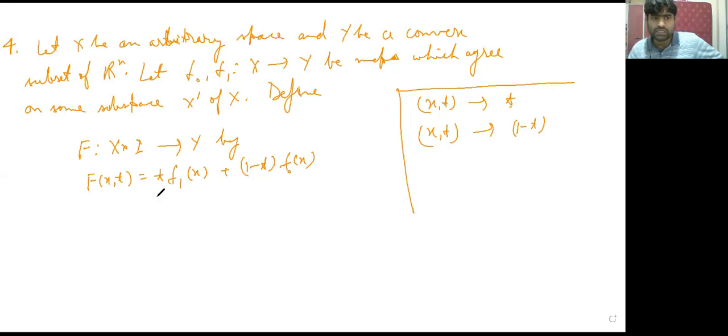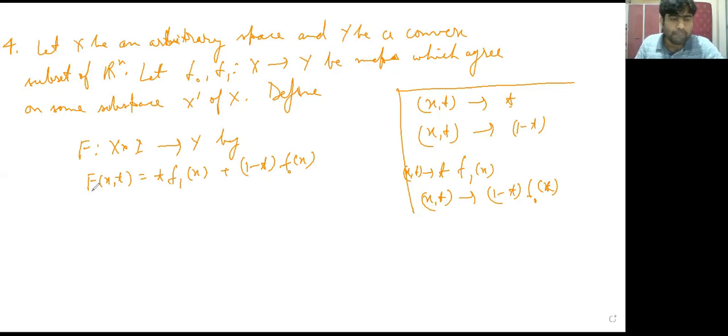So this map (x,t) going to t F1 x is a continuous function, that is a map, and (x,t) going to 1 minus t f naught x is also a map. So their sum also will be a map.